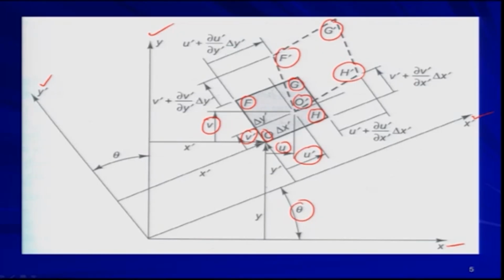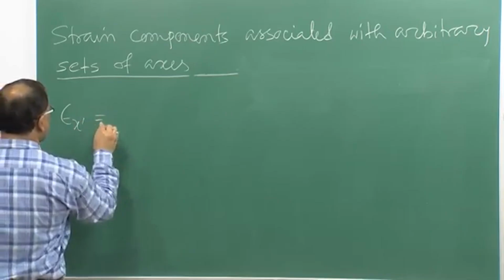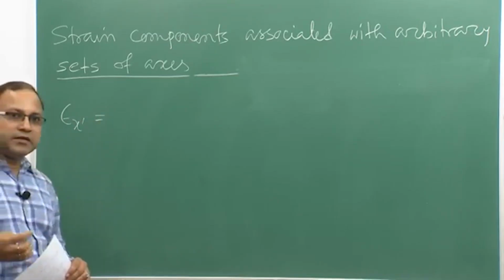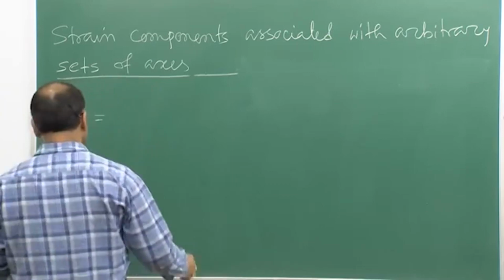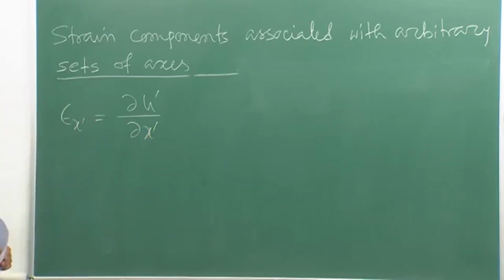Similarly, the coordinates of point O are x, y, whereas in the x prime, y prime coordinate system, they are x prime, y prime. So everything is okay. Now we can write epsilon x prime in terms of the displacement vector in the x prime, y prime coordinate system, and that should be del u prime del x prime.